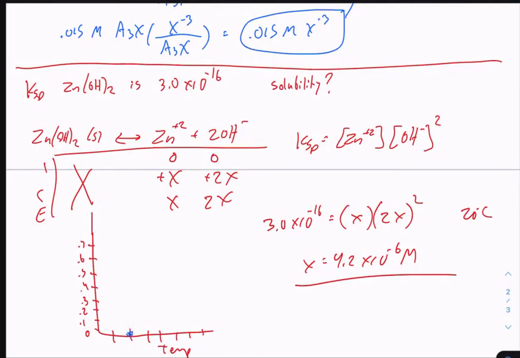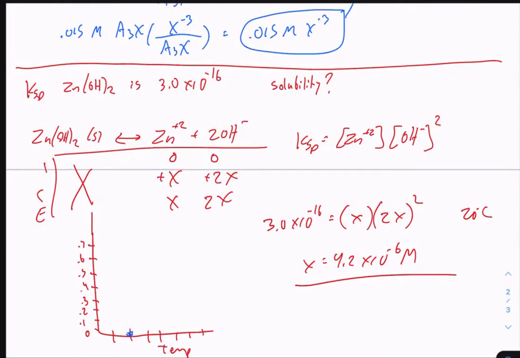Again, remember the solubility rules, how we would say something is soluble. All nitrates are soluble. All alkali metal compounds are soluble, right? And then we would say that all hydroxides are insoluble unless they're with alkali metals. All carbonates are insoluble. What we mean by that, when we say it's insoluble, is it's got a really, really, really tiny solubility.